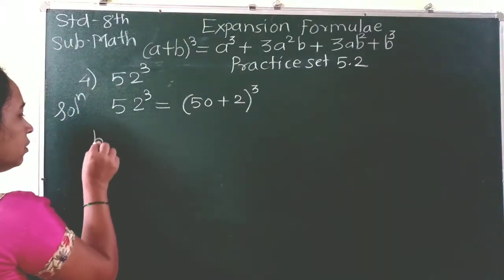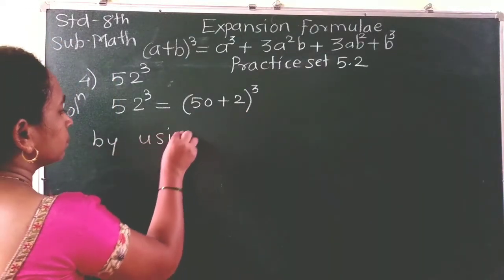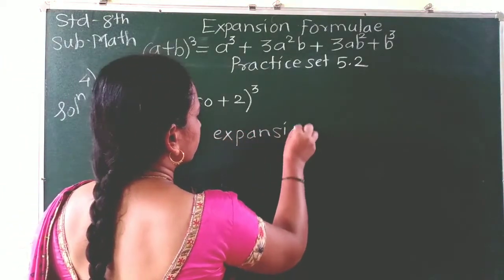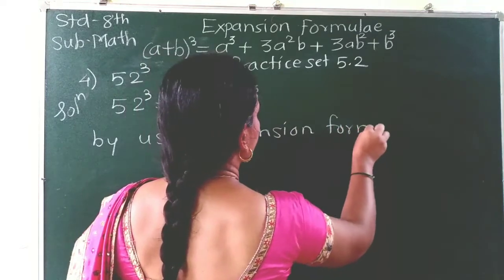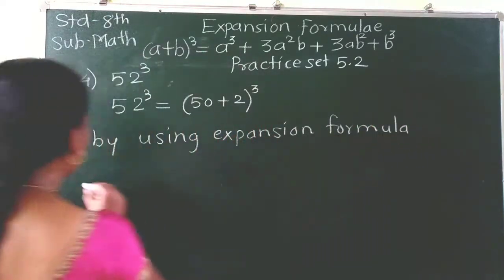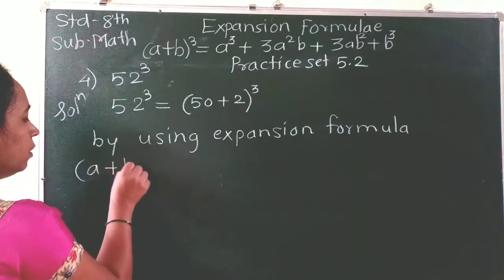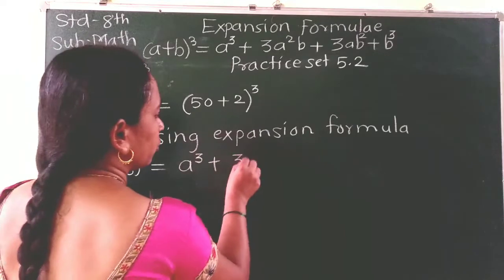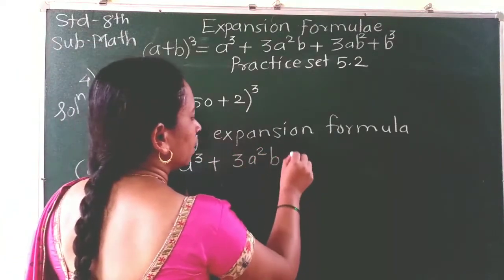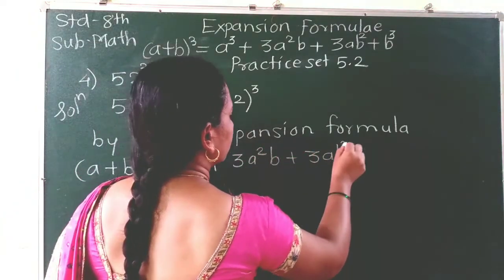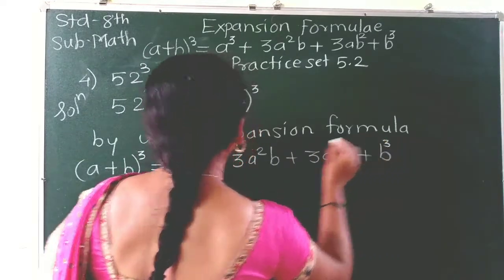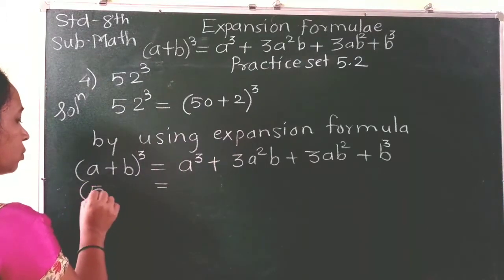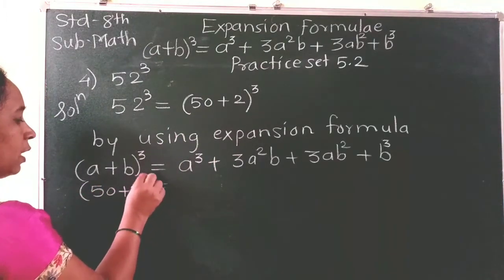So by using the expansion formula, (a plus b) bracket cube is equal to a cube plus 3a square b plus 3ab square plus b cube. Here a plus b, now I will consider 50 plus 2, (50 plus 2) bracket cube.